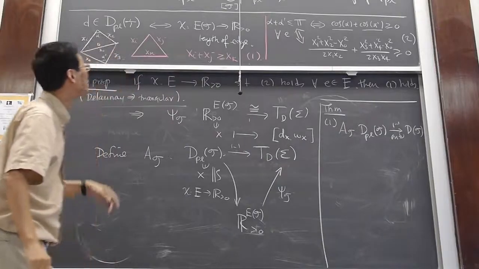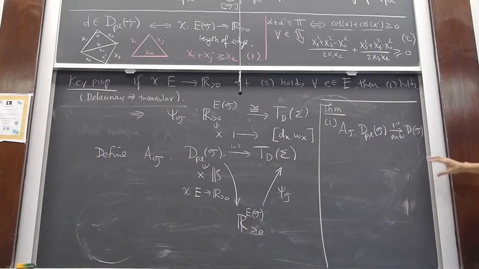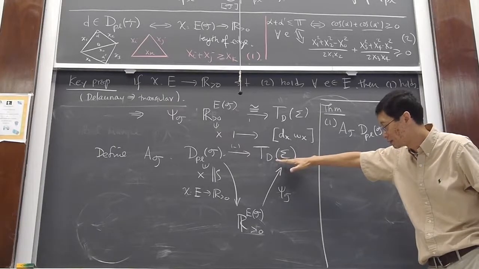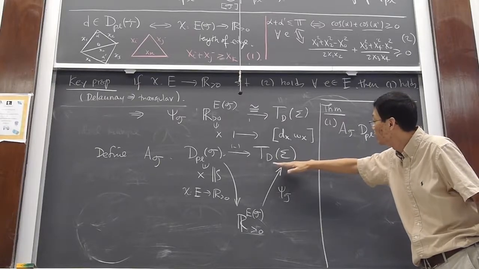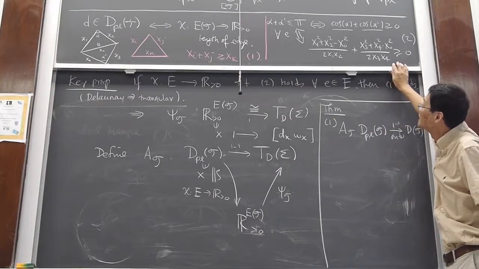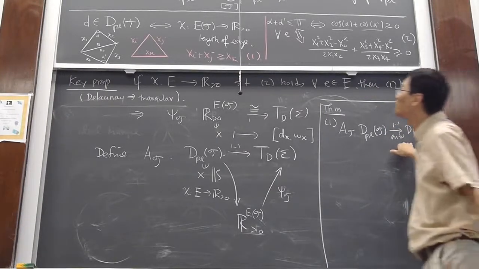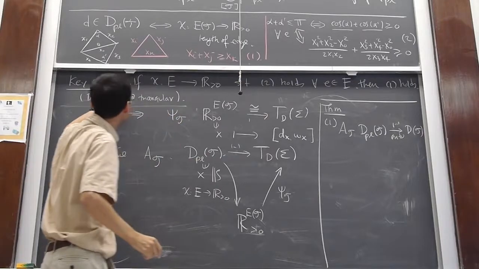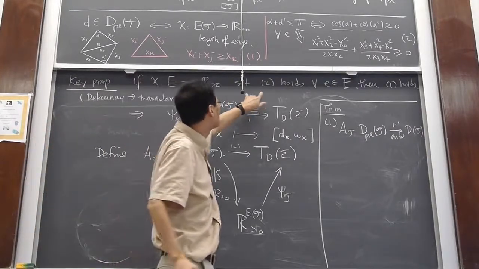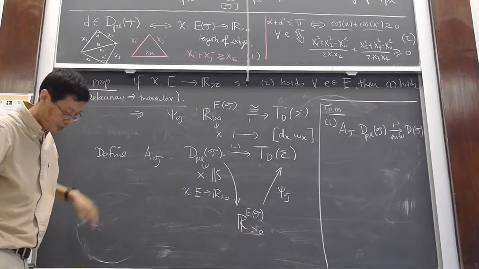And onto is because of this fact: if you write down the condition for hyperbolic Delaunay, which I don't have time to say more about, it's exactly this condition. There's no more, no less. And this is onto because you have a set of assignments which satisfy the Delaunay implicit triangle inequality.